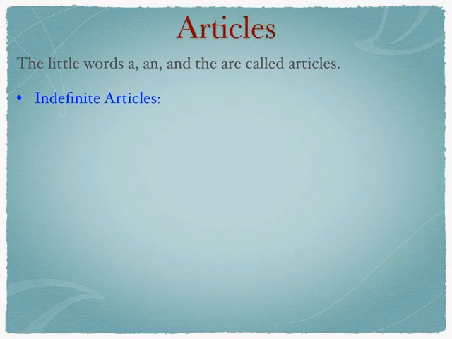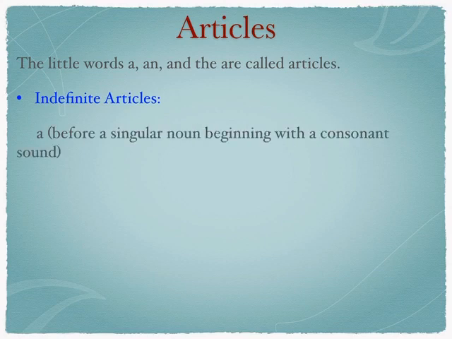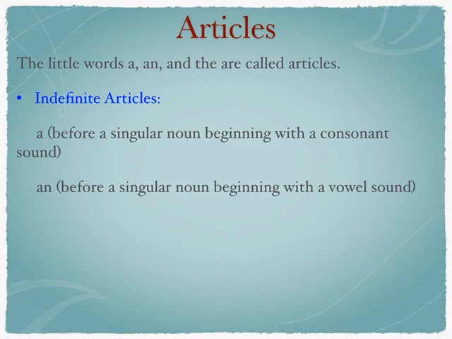Articles are words that define a noun as specific or unspecific. There are two types of articles: indefinite articles. A and an are known as indefinite articles. A is used before a singular noun beginning with a consonant sound, and an is used before a singular noun beginning with a vowel sound.